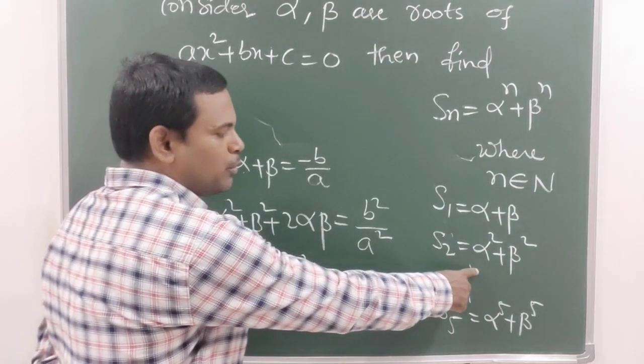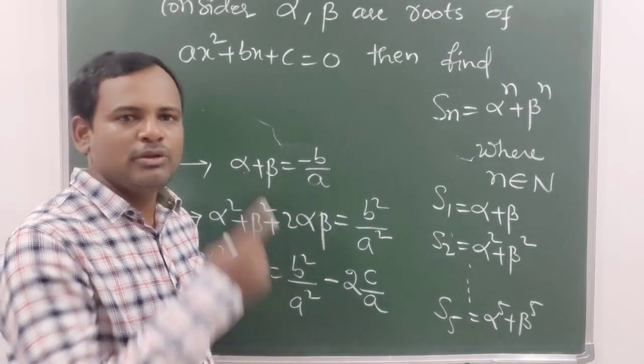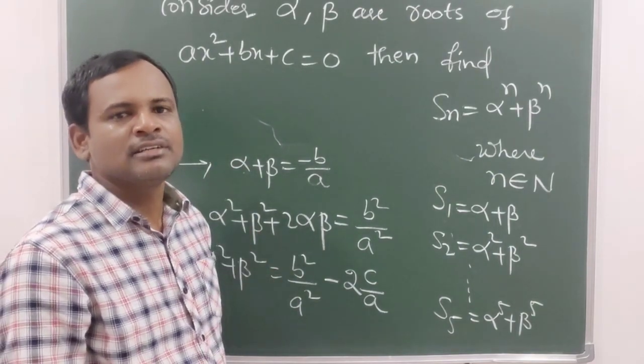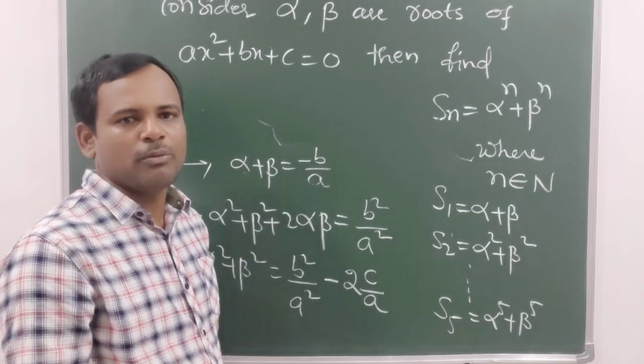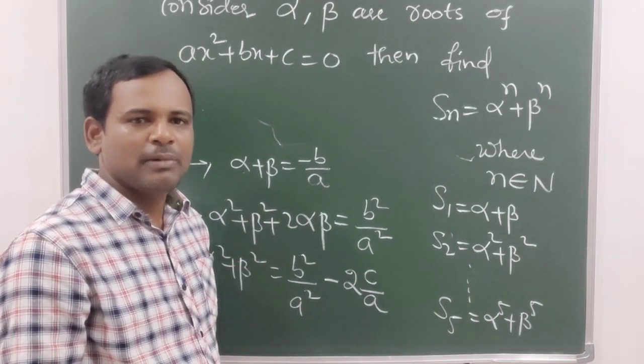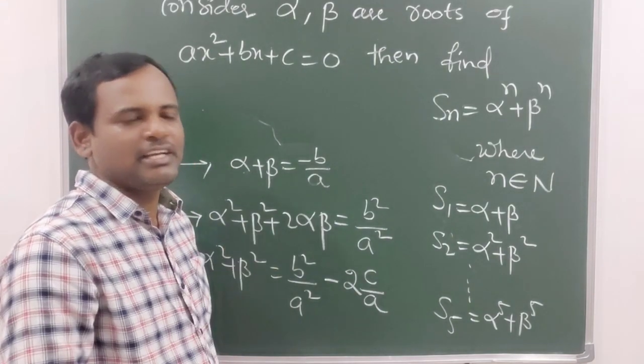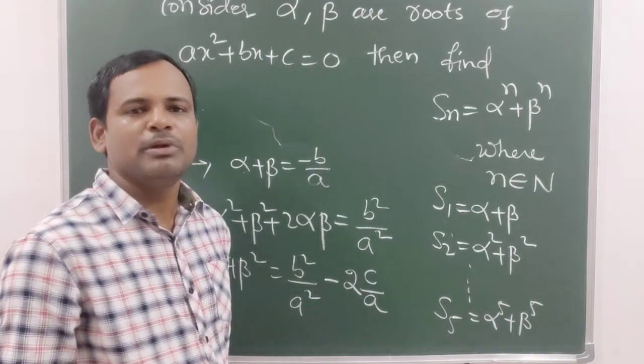Even alpha cube plus beta cube you can answer using identities. As we know, alpha plus beta whole cube is equal to alpha cube plus beta cube plus 3 alpha beta of alpha plus beta. Using these identities you can find up to alpha cube plus beta cube.